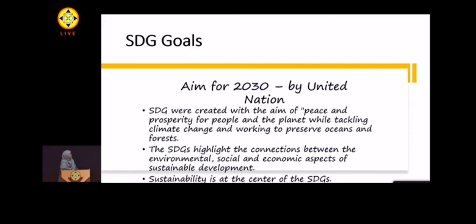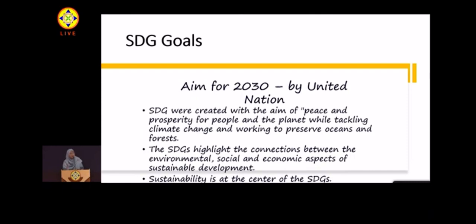SDG were created with the aim of peace and prosperity for the people and the planet, because we humans are actually the planet's disruption, while tackling climate change and working to preserve oceans and forests. So that is the reason why the United Nations is really eager on introducing SDG 2030. The SDG highlight the connection between the environmental, social, and economic aspects of sustainable development. So sustainability is the core focus of SDG.